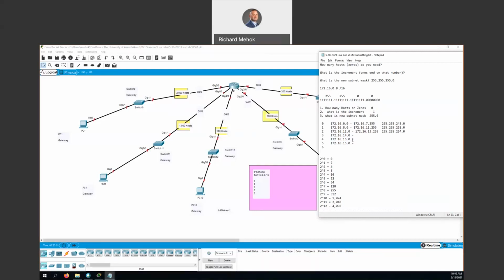So instead of 15, it's going to increment to 16. And then our end would be 172.16.15.255. And the subnet mask is 255.255.255.0.